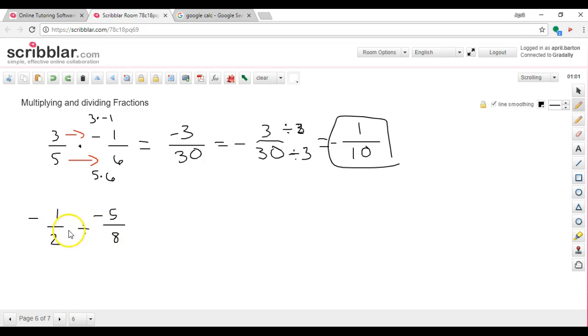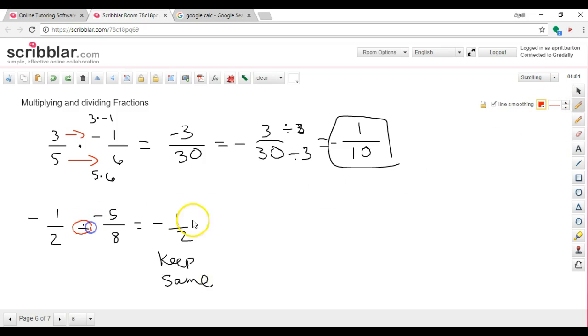So dividing fractions, when you're dividing fractions, it's kind of a weird setup. Again, a picture doesn't really help. You just kind of have to know the process. So you keep the first fraction the same. Then we change a few things.